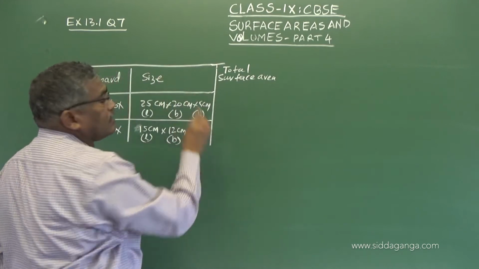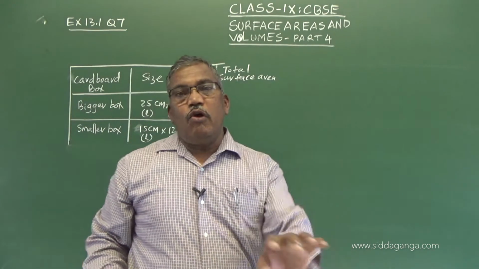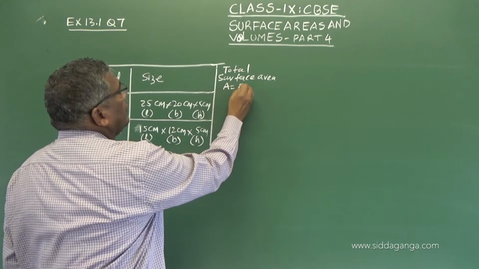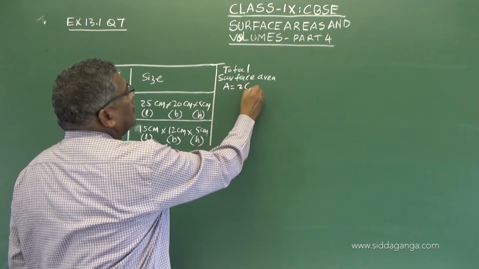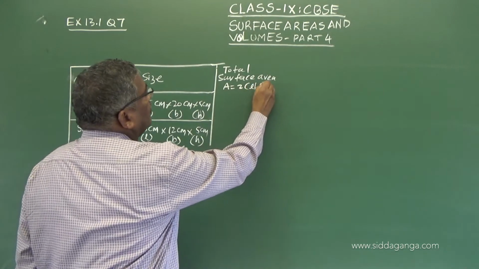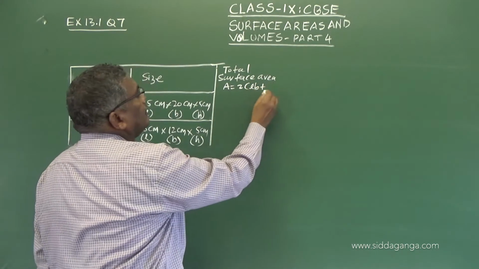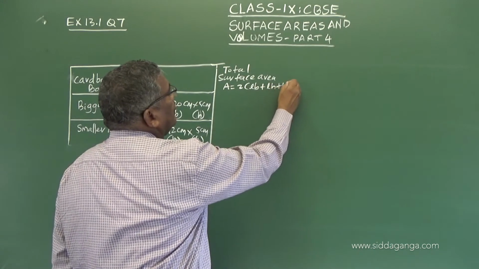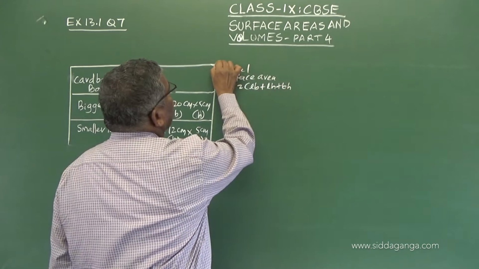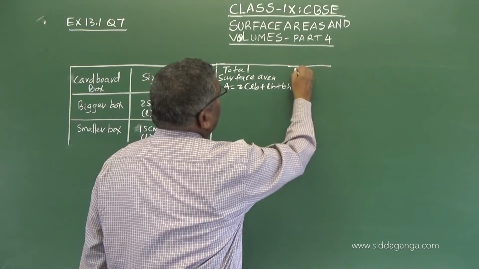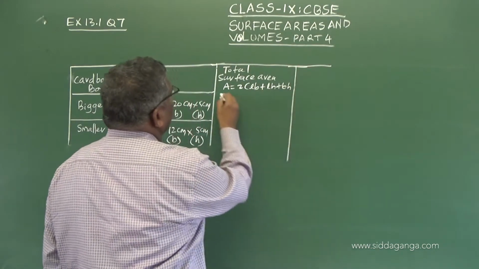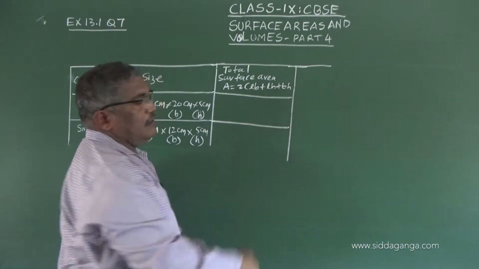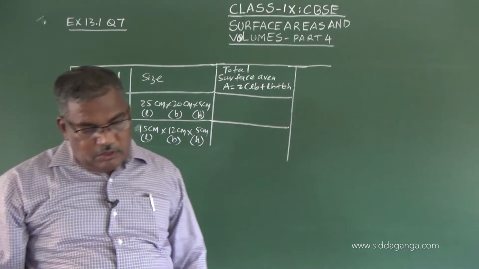A sweet box is a cuboid, and the total surface area is given by 2 times LB plus LH plus BH. So apply this formula.